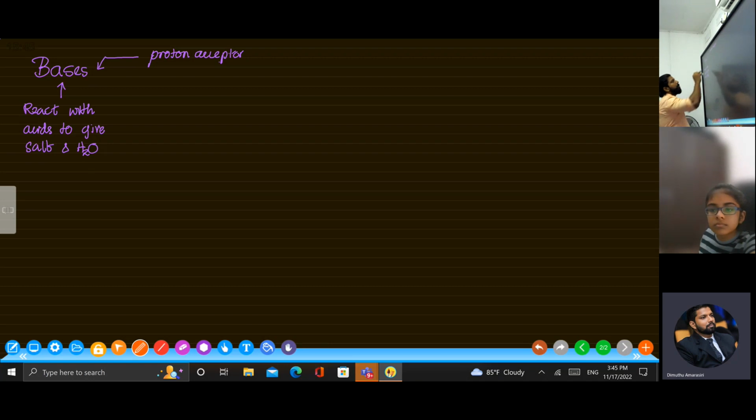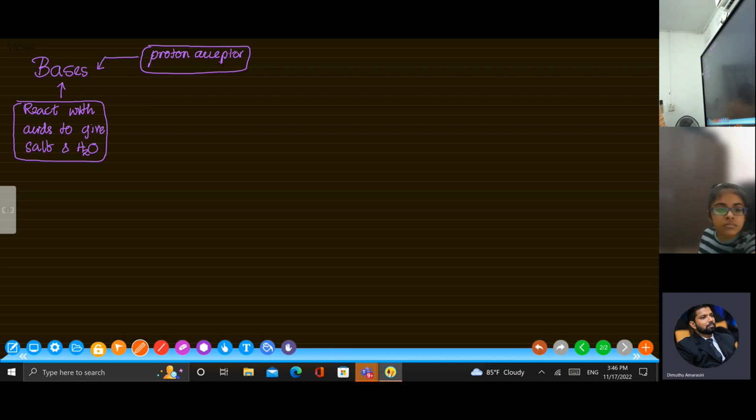This is the definition. So these two are the definitions of bases. Sir, can't bases react with metals? Bases react with amphoteric metals. So here are the two definitions of bases.